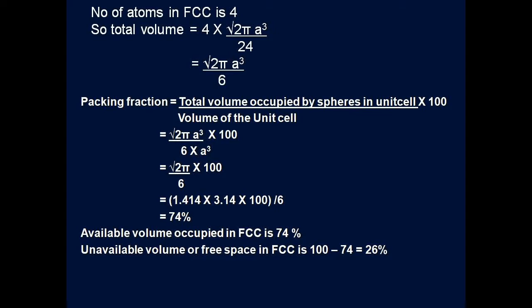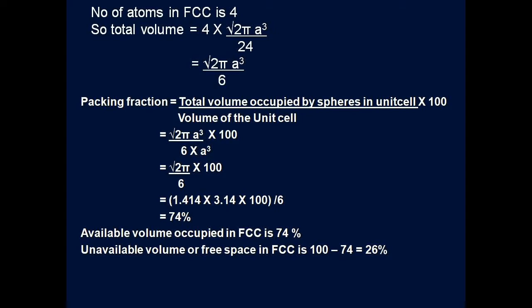The total number of spheres in the face center cubic unit cell is 4, so the total volume occupied by the FCC is 4 into the volume of sphere we already found, substituting that value we get square root 2 pi a cube by 6. Now the packing efficiency formula is the total volume occupied by the spheres divided by the volume of the unit cell. We always have the volume of the unit cell as a cube.